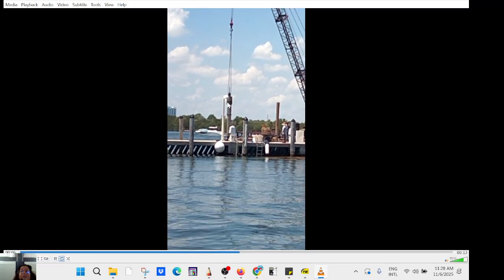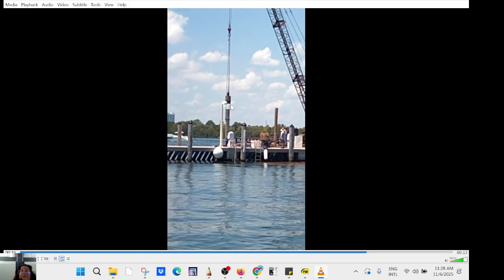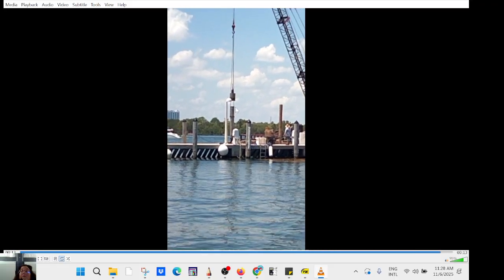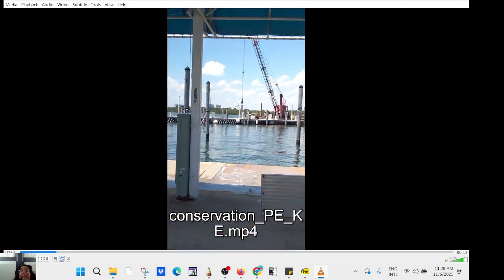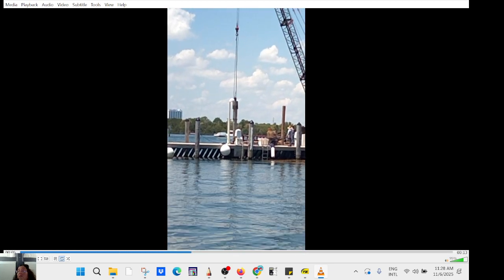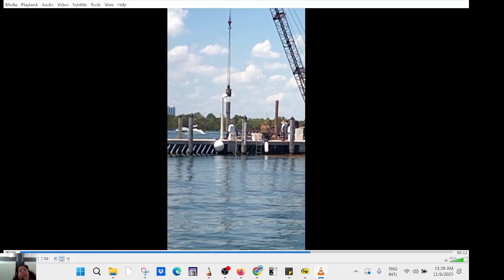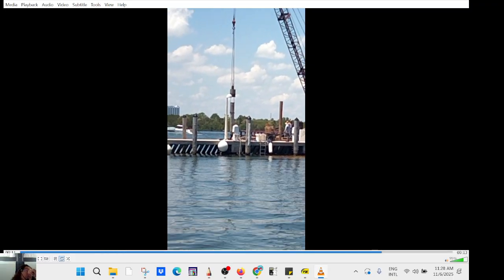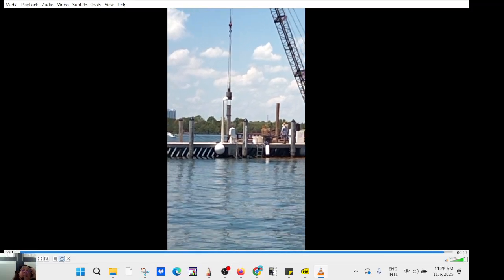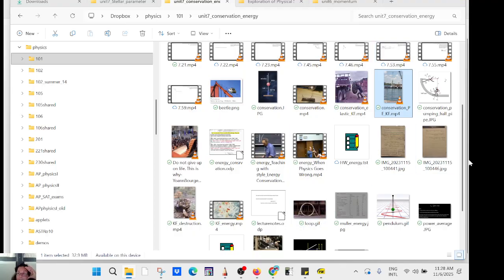You have potential, kinetic, force times distance. So if you have a small distance, you can have a huge force, and that force will be equal to the normal force. And you have to take away the work done by kinetic friction, right?